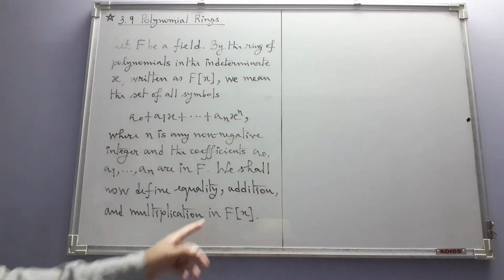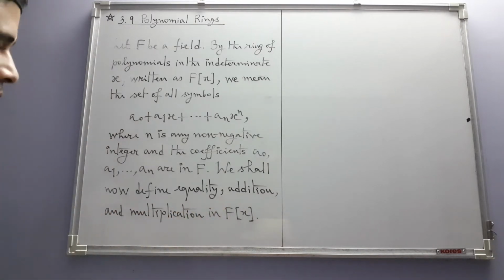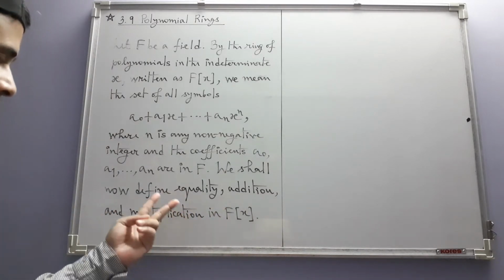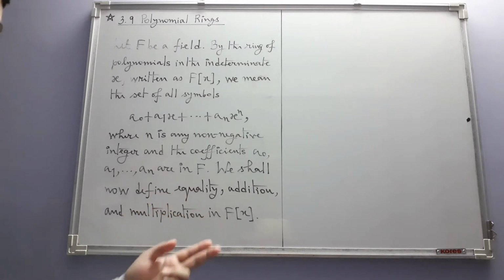Not only do we need the operations in F[x], but we also need to say what it means for two elements of F[x] to be equal. That has to be defined first.